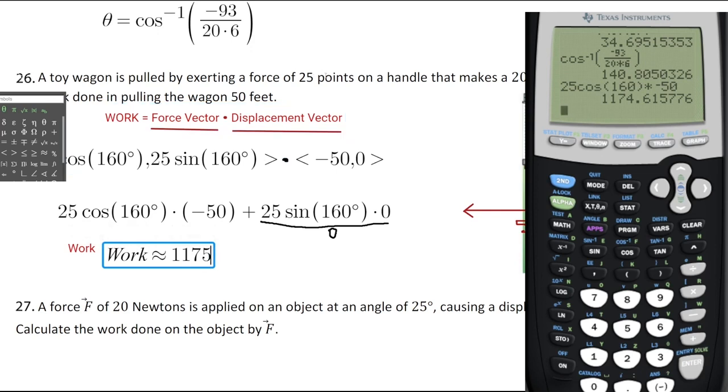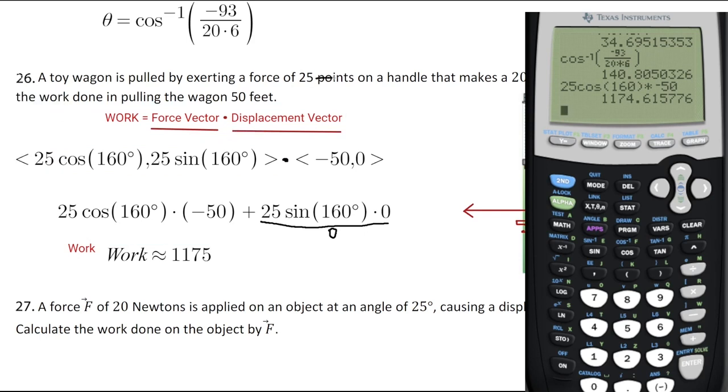We've got points. That is a typo. I'm going to go with pounds here. So yeah, a little typo there. And the distance is in feet, so these are going to be foot-pounds.